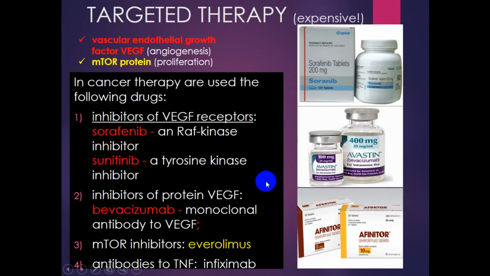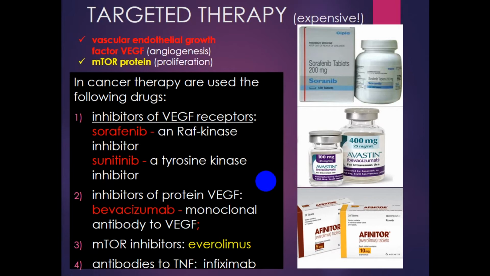Targeted therapy is more expensive, even more than immunotherapy, because it affects target points such as vascular endothelial growth factor, VEGF.